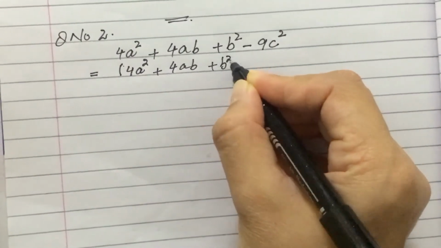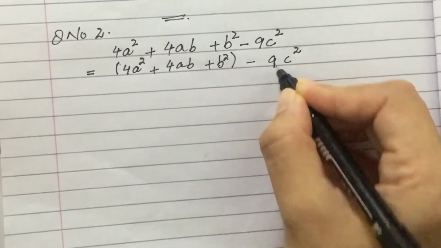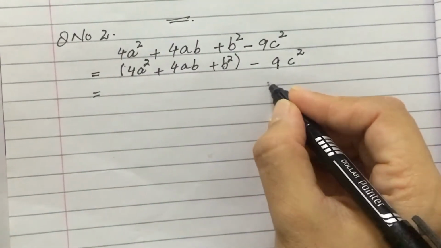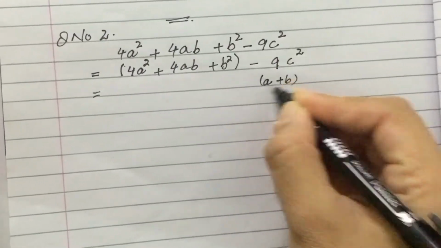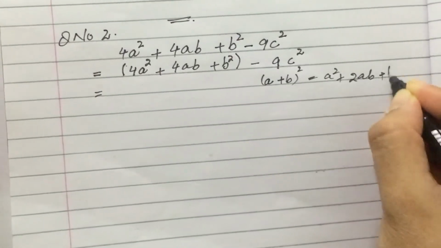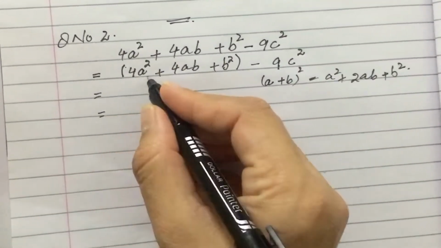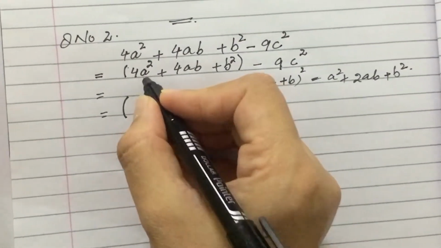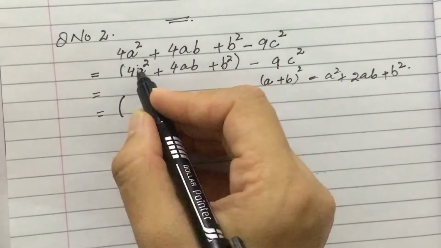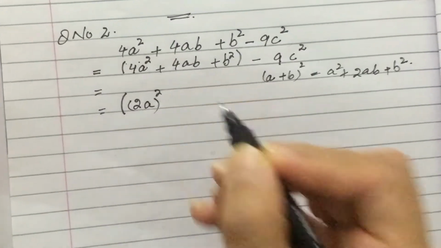So I will enclose the 3 terms by a bracket, minus 9c square as it is. Now use a formula here. Which formula? Again I am going to write here a plus b whole square is equal to a square plus 2ab plus b square, where value of a, what is the value of a? Now I cannot derive the value of a from here directly because 4 is not in squared form. I will write it as a square.